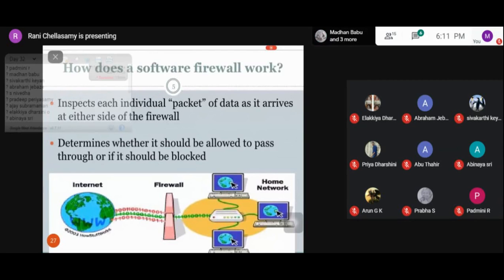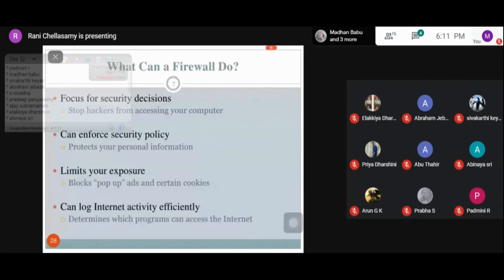Okay. So what can a firewall do? It can focus on the security decisions. That is, it can stop hackers from accessing your computer, and it can enforce security policies, so that personal information can be restricted, that is, protected, and it limits your exposure. It also blocks some of the pop-up ads you might have seen.